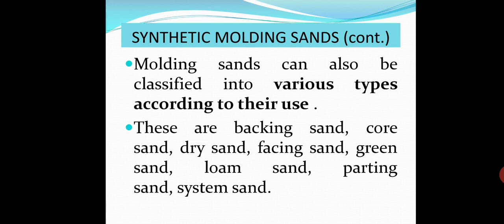So the first type of classification is based on origin, whether it is naturally obtained or artificially prepared. The second type of classification is based on the use of the sand.